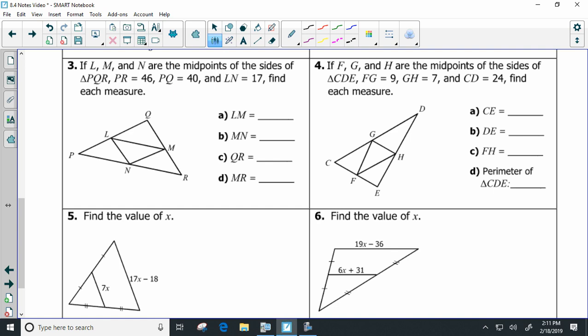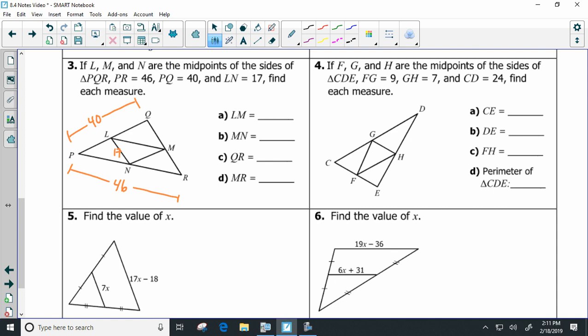It says that PR, this whole distance down here, is 46. PQ, this whole distance up here, is 40. And LN, that's a mid-segment, is 17.